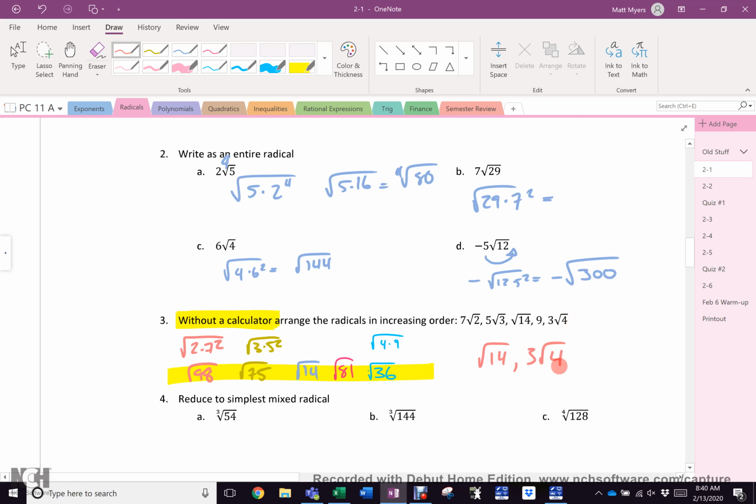What's next? Root 75, which is 5 root 3. What's next? 9, because root 81 is 9. And then what's last? 7 root 2. Everybody cool?